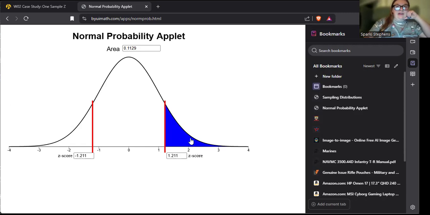There's a whole thing in our textbook about right tail tests and left tail tests, but basically all you really need to know is if it's more than, it is going to be this one. And this is the probability for that. So the actual probability they're asking for is 0.113.